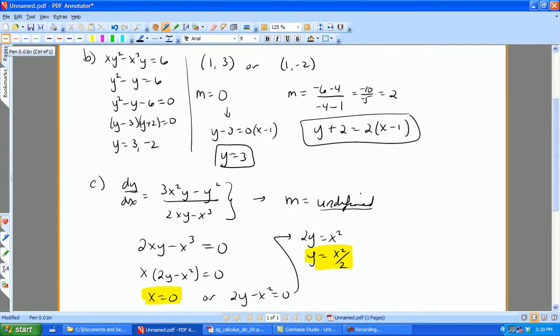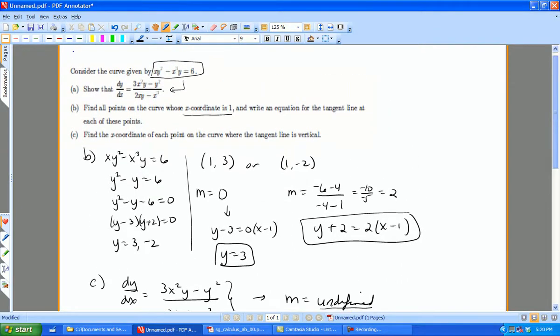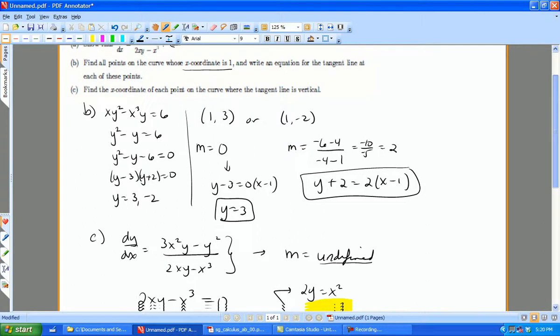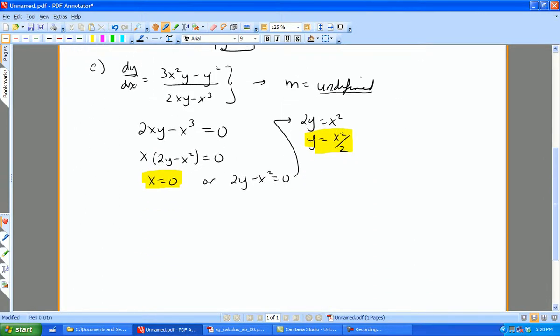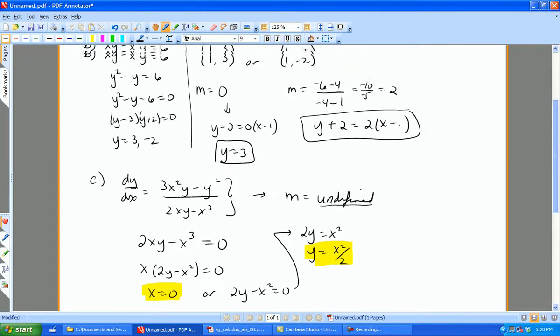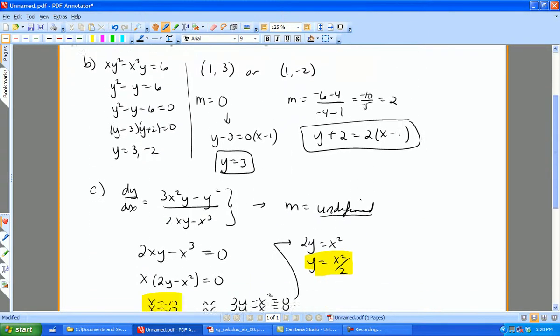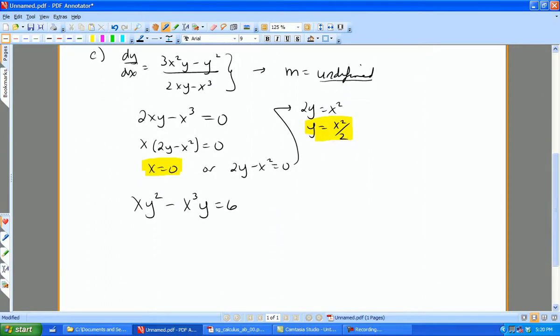So these are my two possible situations that could create a vertical tangent line. What I need to do now is test each of these situations with the original equation. Remember, the original equation was xy squared minus x cubed y equals 6. Let me make sure that's right. Yeah. Situation number 1 was when x was 0.